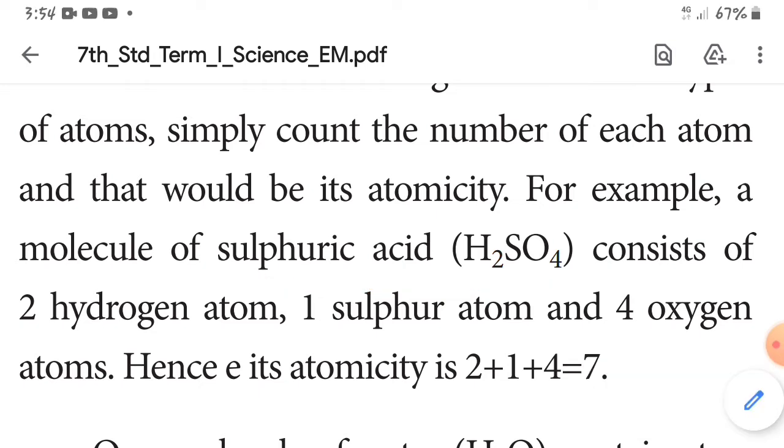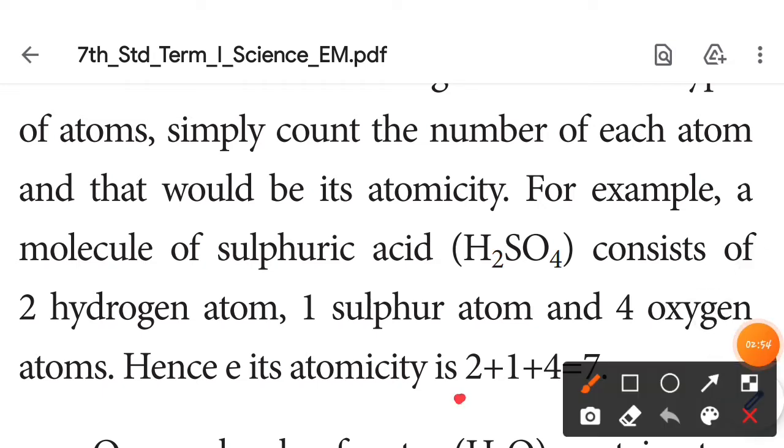Yes, 3 elements: hydrogen, sulfur and oxygen combine to form sulfuric acid. Hydrogen contains how many atoms? 2 atoms. Sulfur contains only 1 atom, and oxygen contains 4 atoms. So totally, we calculate 2 plus 1 plus 4 is equal to 7.